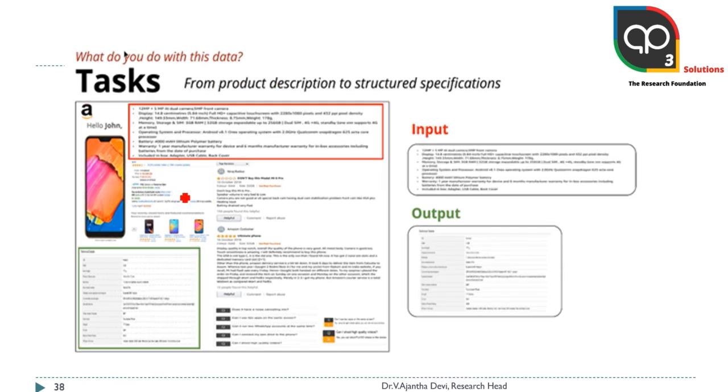Let the first task be a very simple one, highlighted in red here. This exact part is some unstructured information about the product which was uploaded by the vendor.